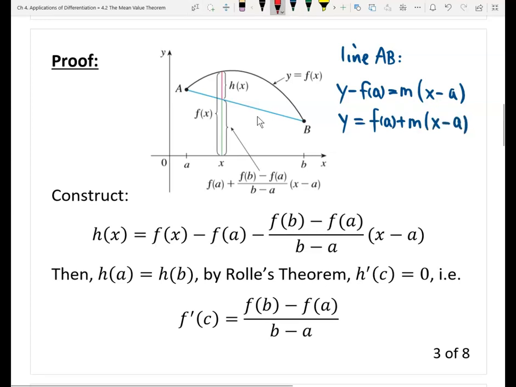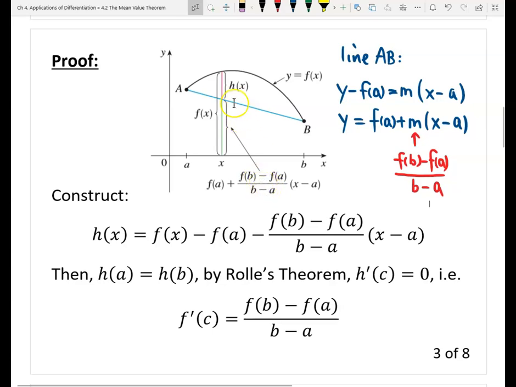And what is m? The slope. Of course, you know this is the average rate of change, which is this fraction. Delta y, we use f(b) minus f(a), over delta x, which is b minus a. Can you see? And this function is exactly the function I wrote here on the graph.